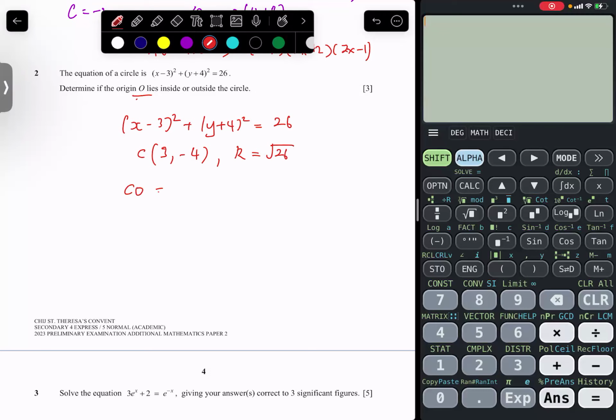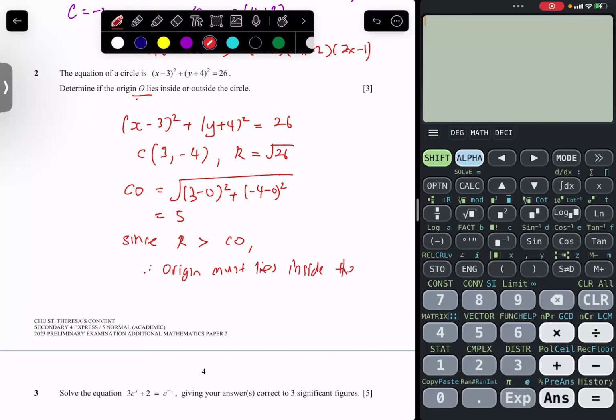So CO equals square root of (3 minus 0) squared plus (-4 minus 0) squared, which equals 5. Since the radius is greater than CO, therefore the origin must lie inside the circle.